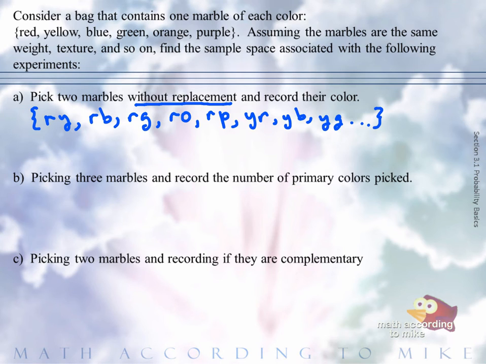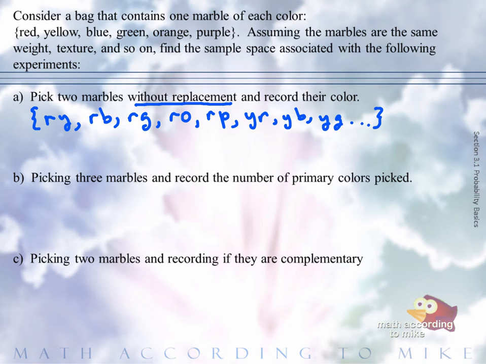Okay, part B, pick 3 marbles and record the number of primary colors picked. So reach into that bag, which you all have in front of you. If you did not get one, sorry. So reach in, you're going to pick out 3 marbles, and you're going to look at them, and you're going to count the number of primary colors.